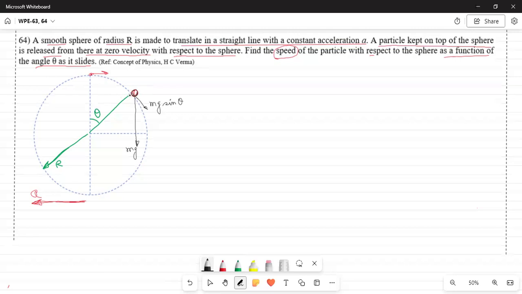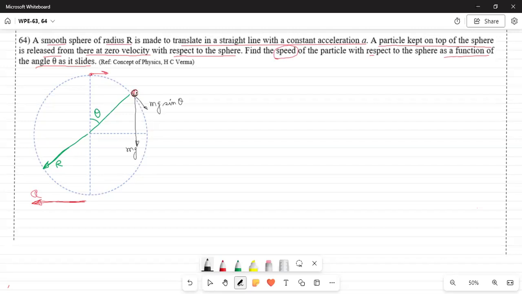In absolute consideration, there is a leftward force applied on it, which is equal to ma, mass into acceleration.